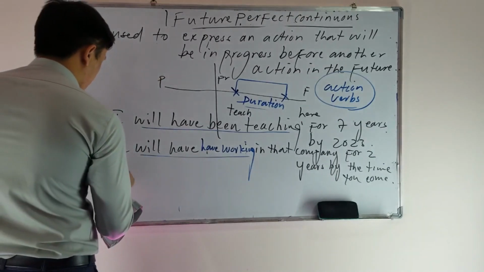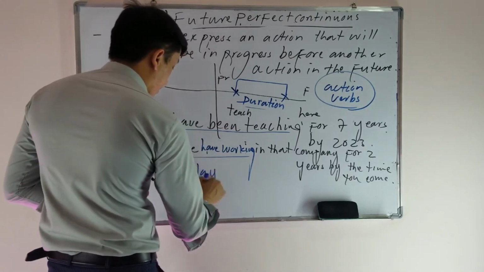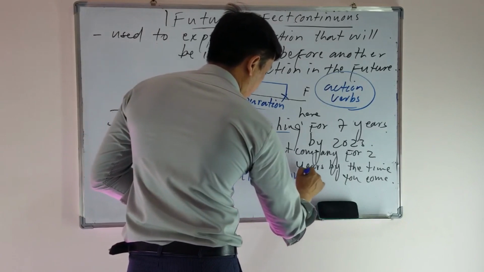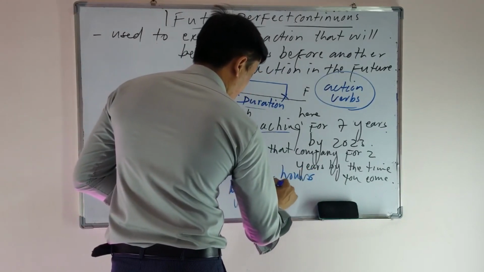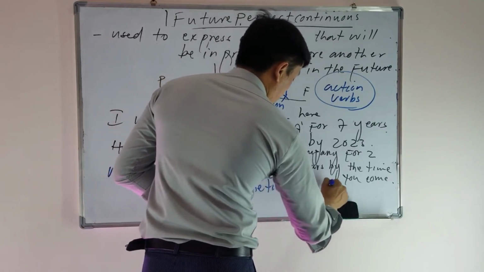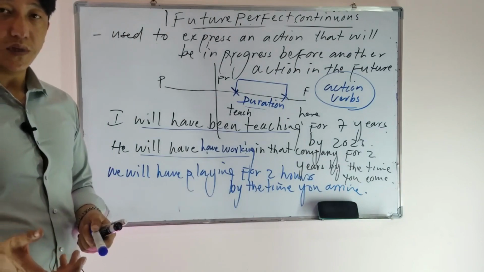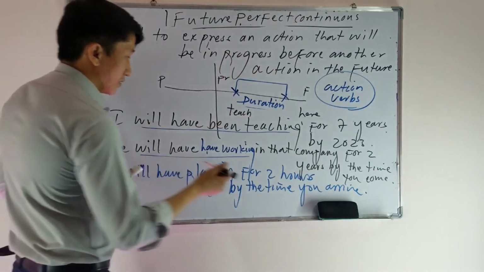Or the next one, for example, we will have been playing for 2 hours by the time you arrive. Now you go and we start playing, and until you come back, it will be 2 hours that we will be playing.